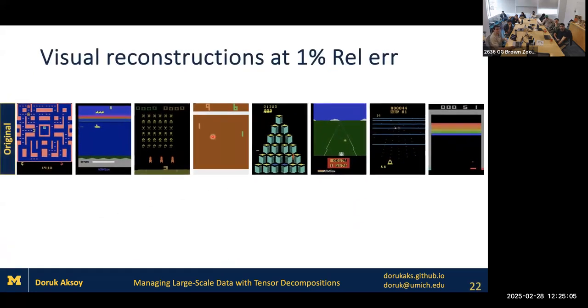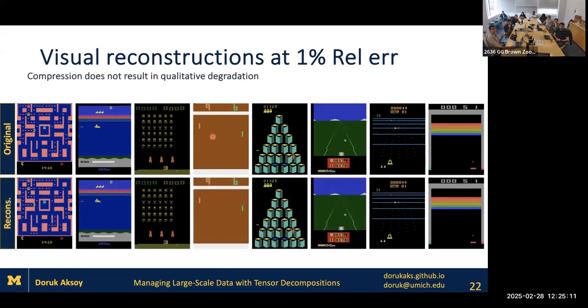If we look at the original images on the top row and the reconstructions at 1% relative error level, you can see that there are almost no visual artifacts. If you look very closely, there are some things in the Pong game, but overall, you are not sacrificing any visual quality while going all the way up to 80 times compression.